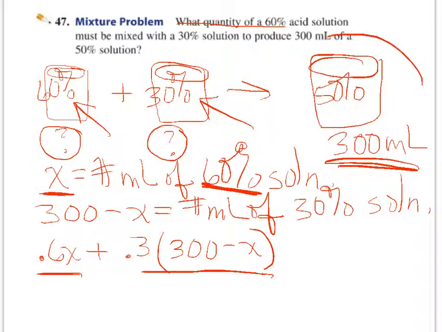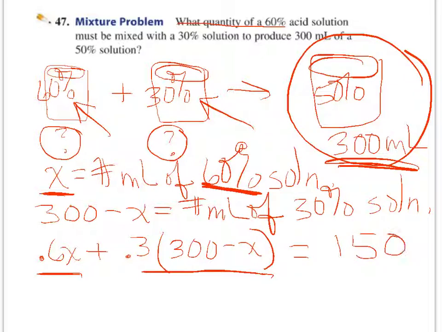Well, how much acid is there in a solution that's 50% acid if there's 300 milliliters in the jar? 50% of 300 is 150. So at the end, I'm going to end up with 150 milliliters of acid. These three expressions, 0.6X, 0.3 times 300 minus X, and the number 150, represent how much acid there is in this beaker when I'm done.